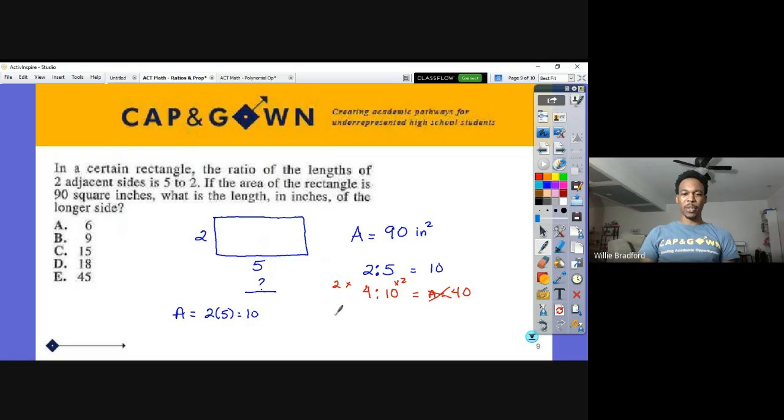Let's try one more. Let's multiply both by 3. So 2 times 3 is 6, and 5 times 3 is 15.